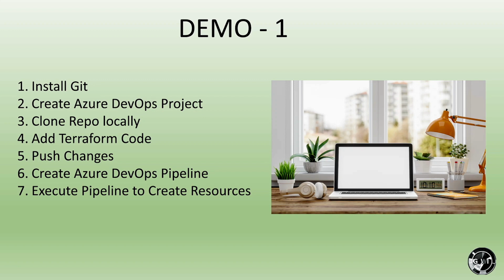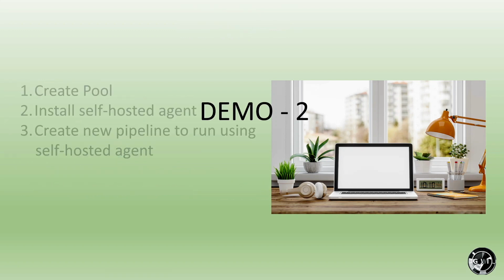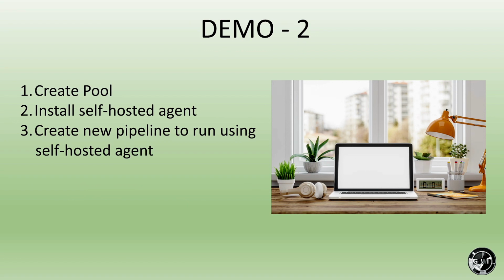In demo 1 we are going to use default Azure pipeline agent, and we are using it to deploy into our cloud. In demo 2, we are going to create our own pool and then install self-hosted agent over there, and then create a new pipeline and run using self-hosted agent.